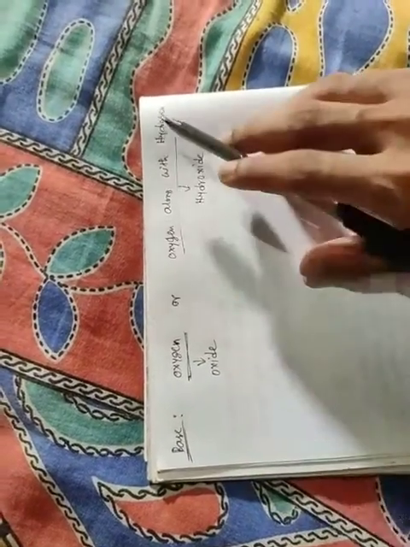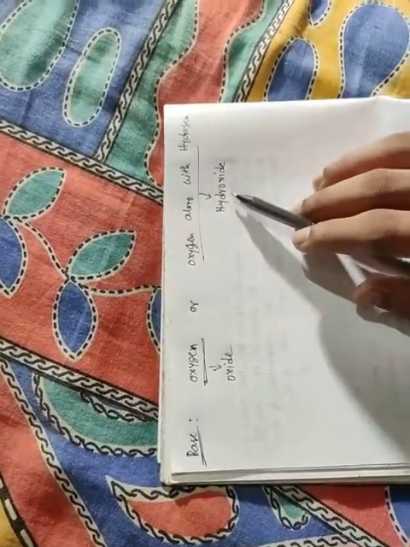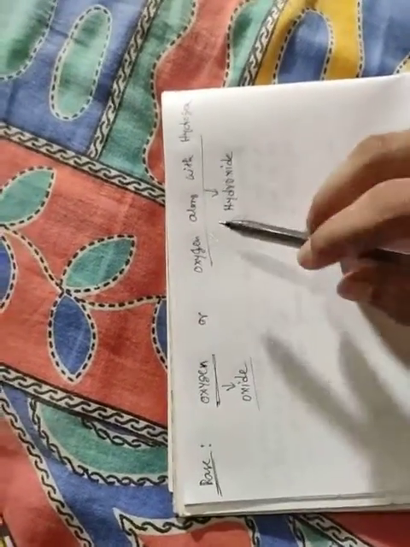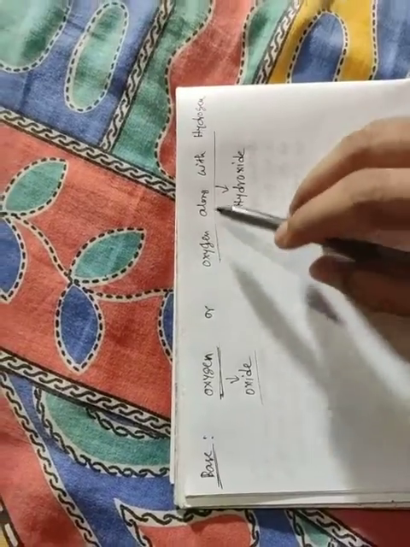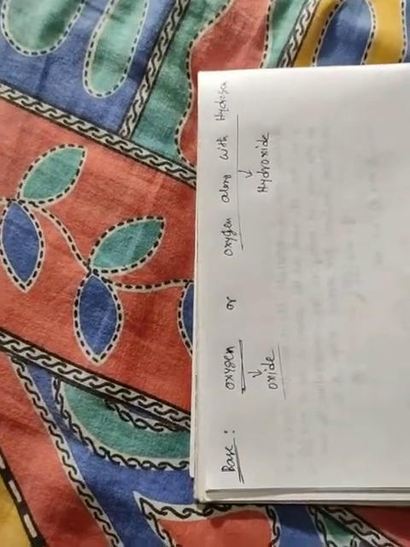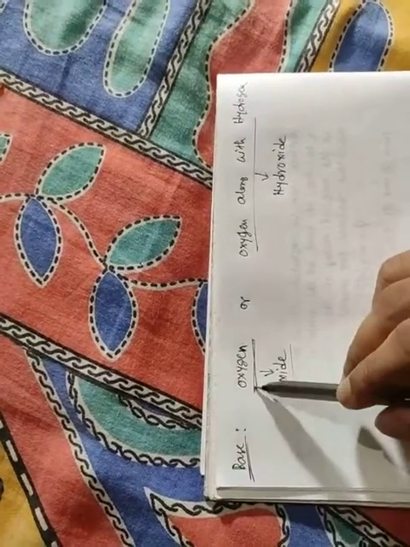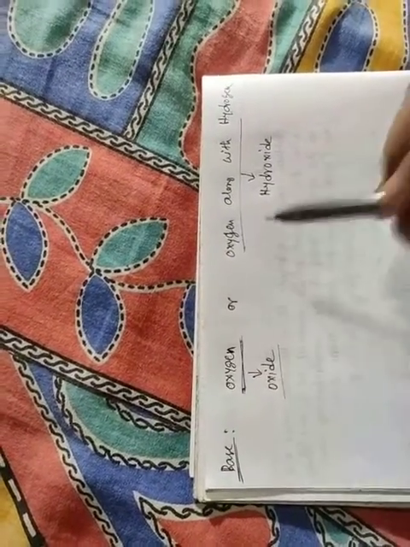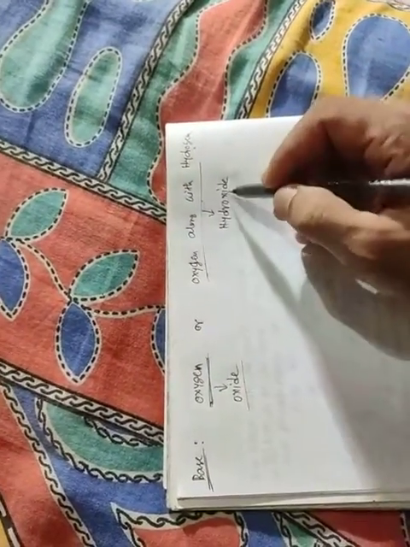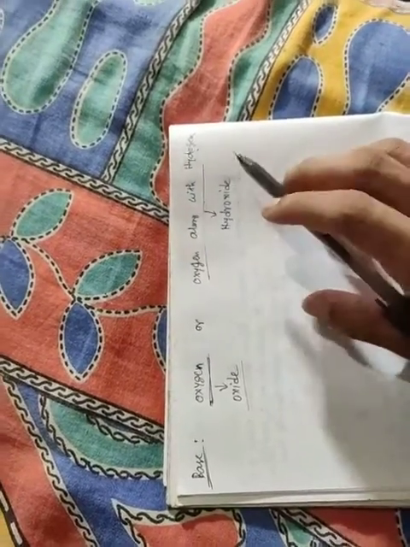Oxygen means oxide, and oxygen along with hydrogen means hydroxide.